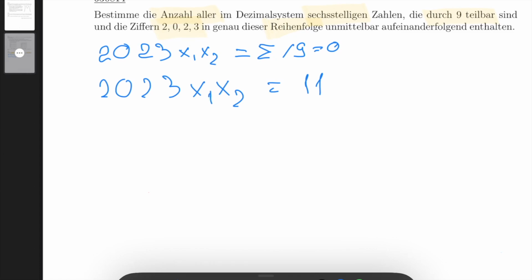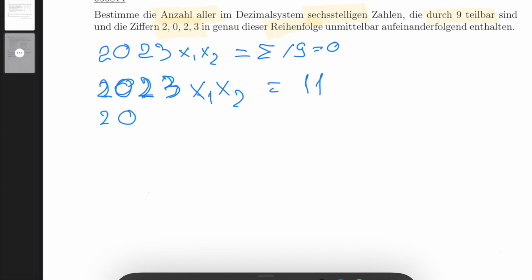Now we came to the most primitive stuff. We want to find different combinations or different positions of 2, 0, 2, 3, x1, x2. It should be something with n factorial, but we will go with brute force and it will be much easier. So let's count. Here we have 11.